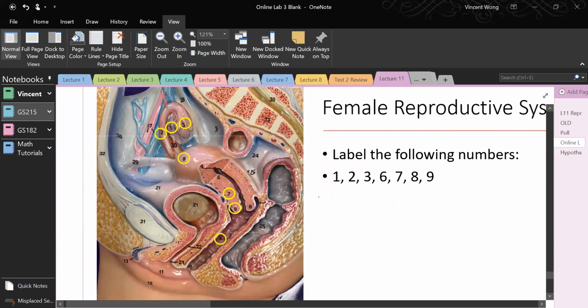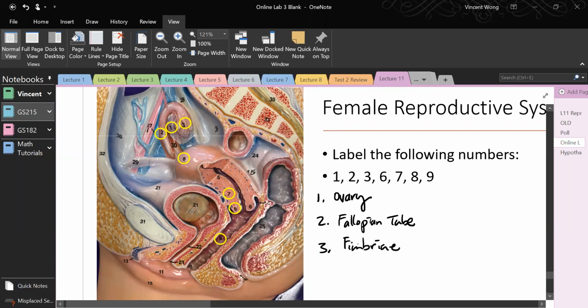Number one is the ovary. Number two is the fallopian tube. Number three is the fimbriae.